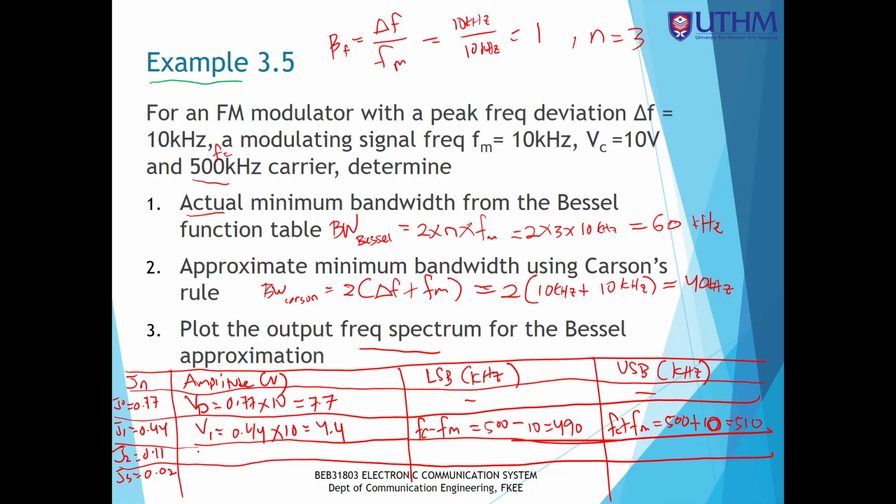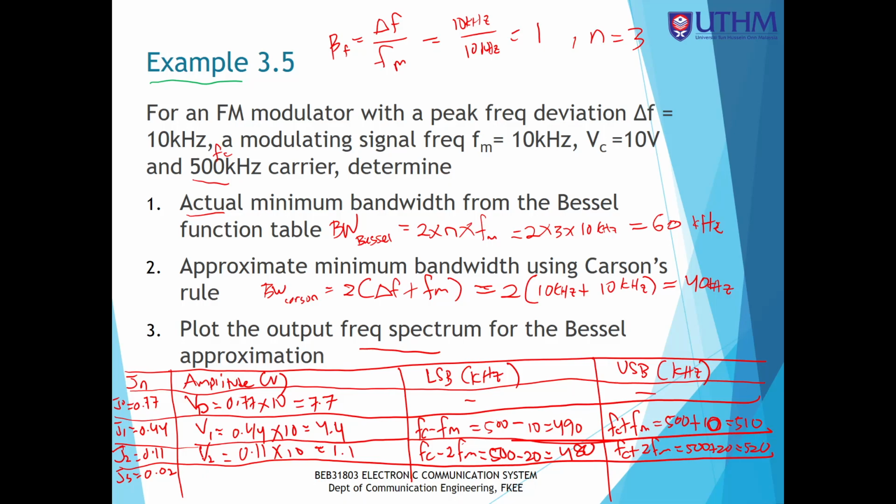And then for the second sideband, which is V2, we get 0.11 multiplied with 10, so this is 1.1 volt. This is located at FC minus 2 FM, so this is 500 minus 20, so we get here 480 kilohertz. And for the upper sideband FC plus 2FM, this is 500K plus 20K, so we get 520.